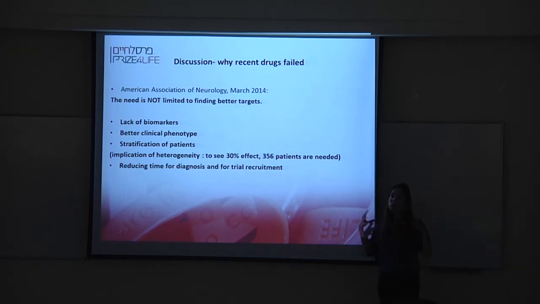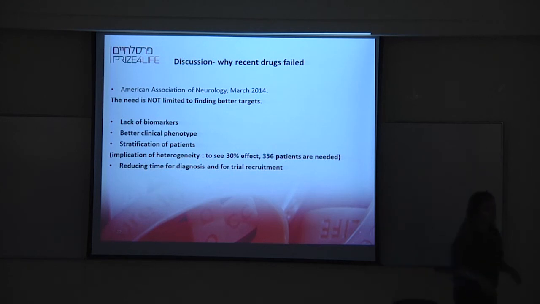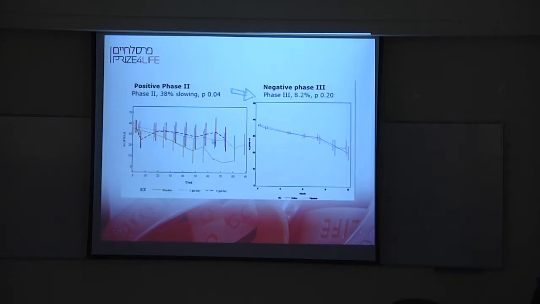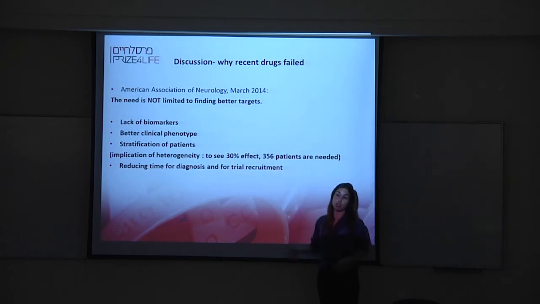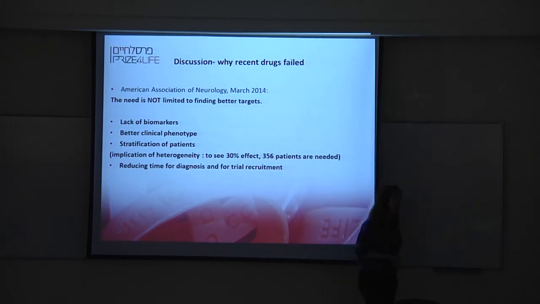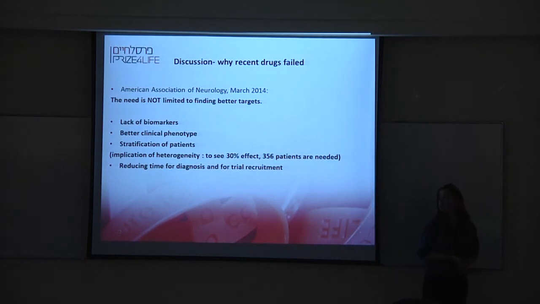Let's say that you really have, so this is a hypothetical medication that improves survival by 30%. With this level of variability, what do you need to do in order to be sure that you would see the effect and you wouldn't lose it? And the answer is that for that, you would need 350 patients. And if you didn't have 350 patients, you actually don't know if what you're seeing is true or not.